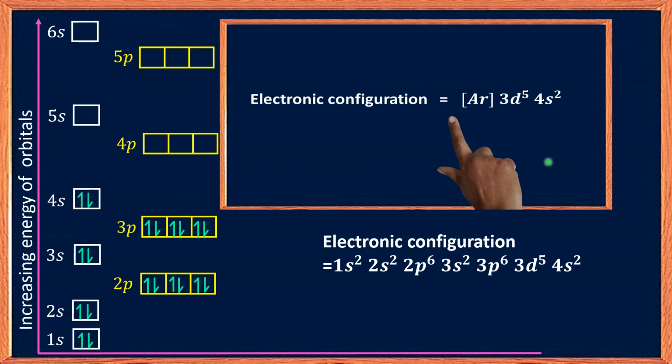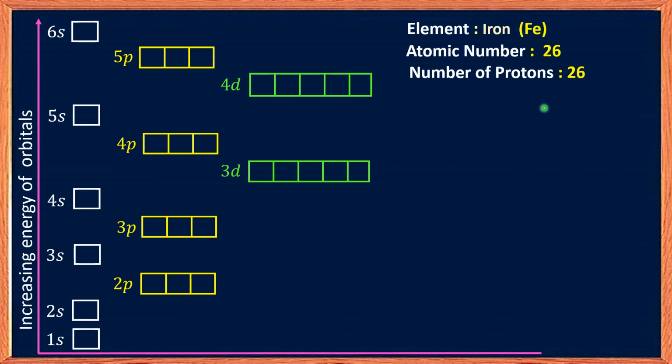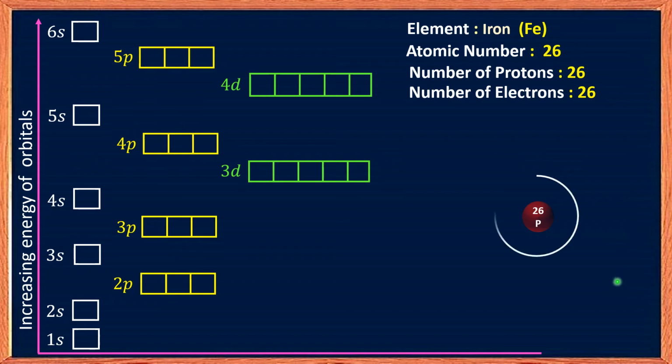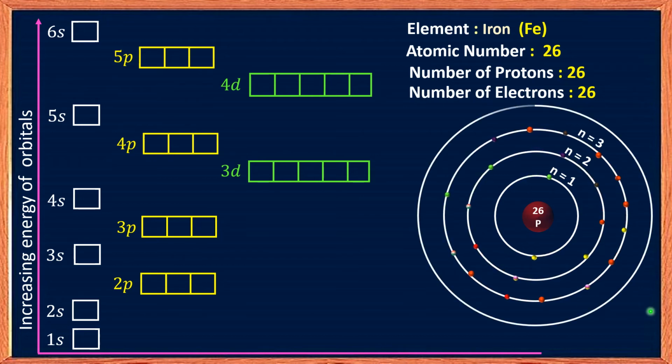Okay, and the next element is iron, ferrum. Atomic number is 26. 26 protons are there and 26 electrons are revolving around the nucleus. Okay, now see here, totally 26 electrons are there.